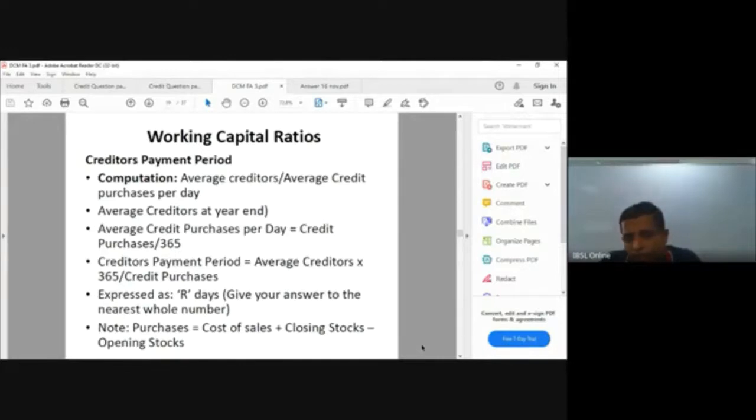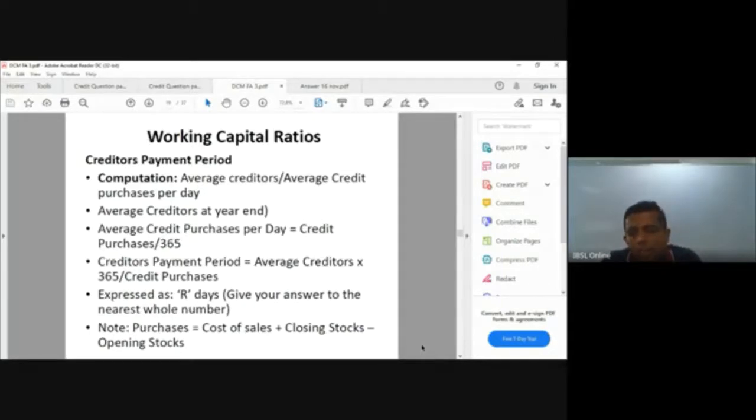If the creditors have not been paid because the company has cash flow problems and you are not in a position to repay them, that is not good, right?